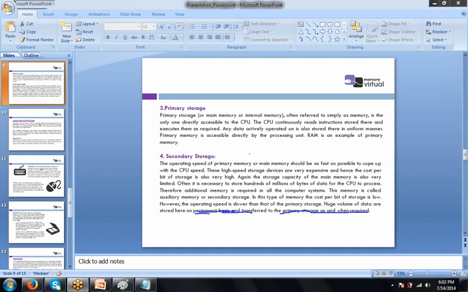So as and when required, we can use the primary memory and the secondary memory.